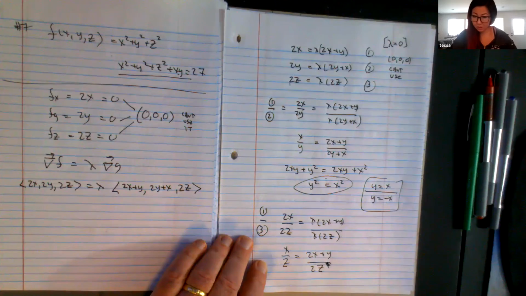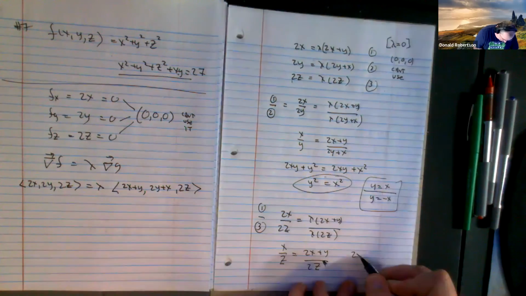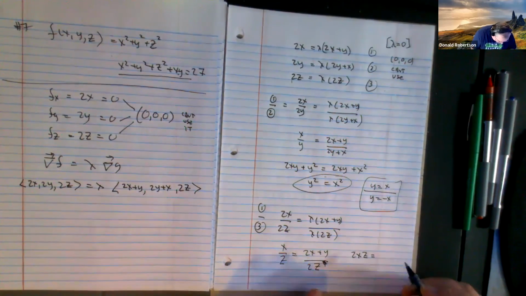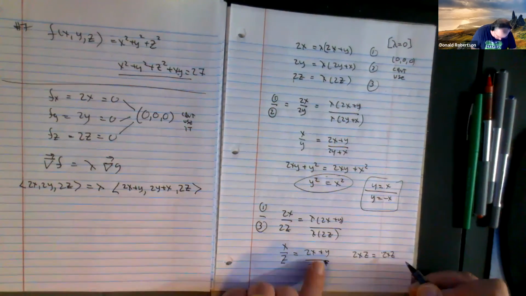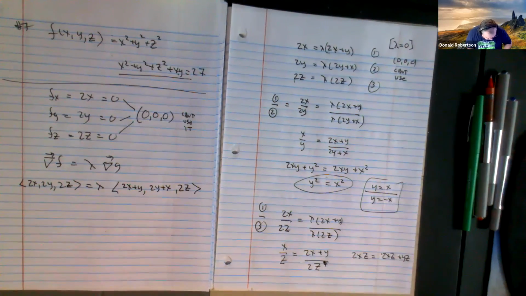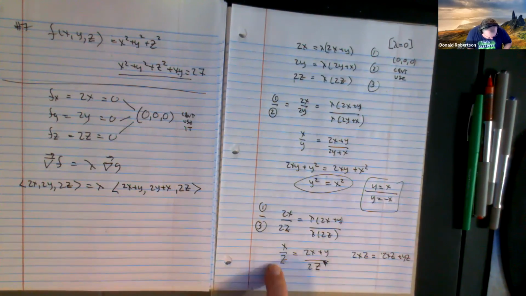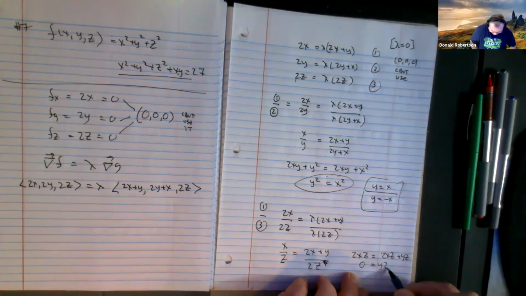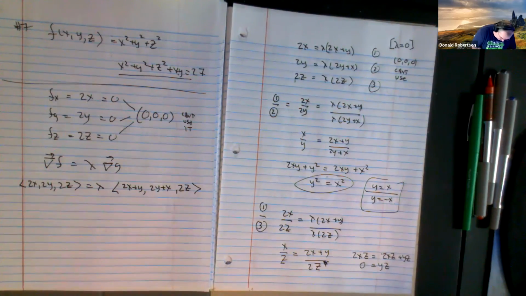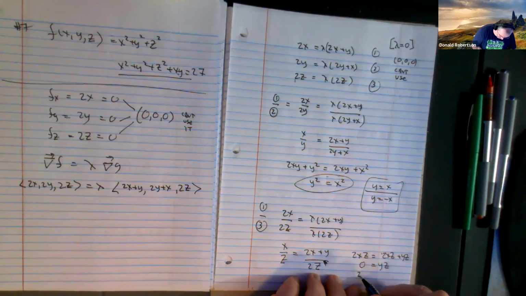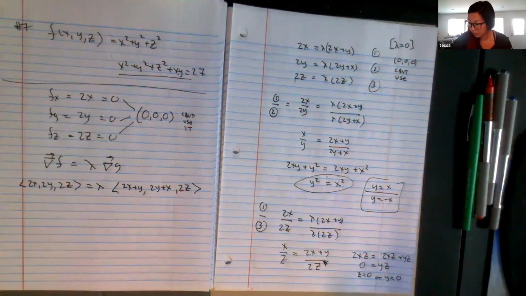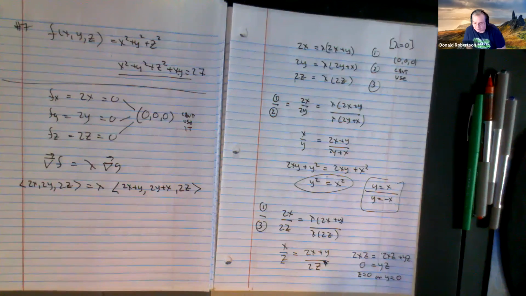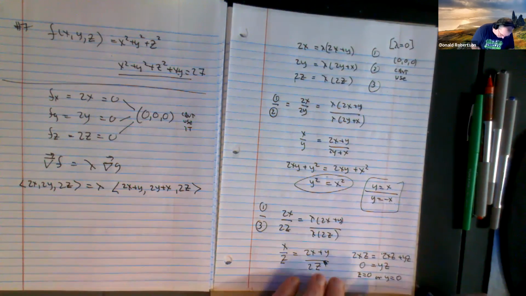Now if I cross multiply that, I get 2xz is equal to 2xz plus yz, and they cancel out, so that tells me that I can have z equals 0, or I can have y equals 0, and the other two can be what they want to be. I'll keep that with the little box around it.